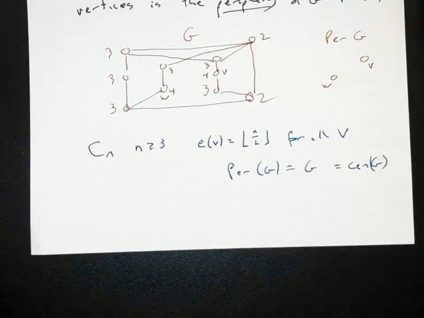We showed on Wednesday that any graph can be the center of some graph, right? There's a way to take any graph and make it the center of something. We added like 4 vertices and then built some extra edges. What about periphery?